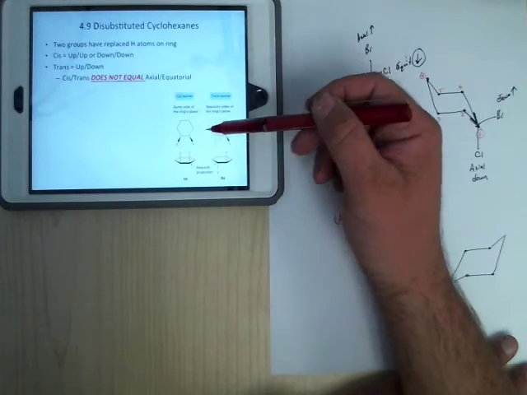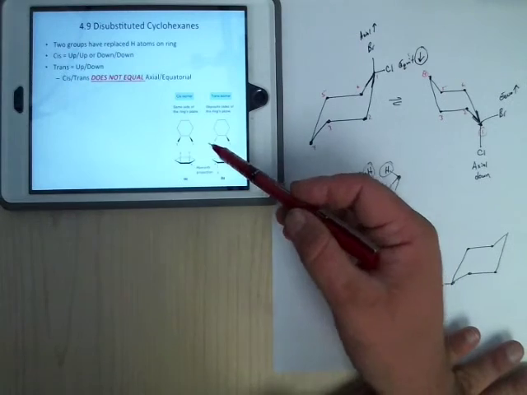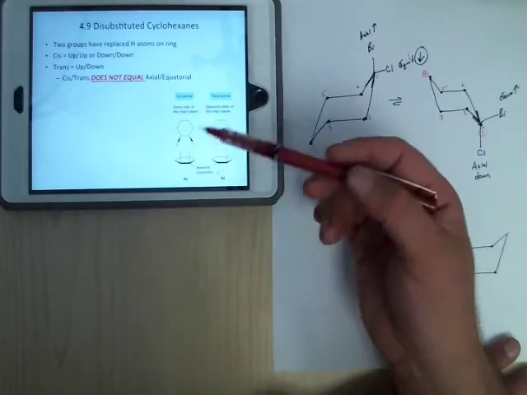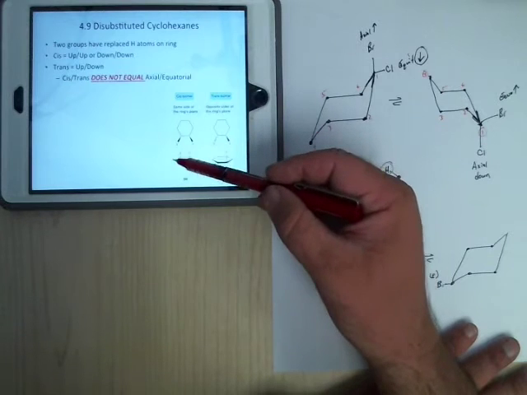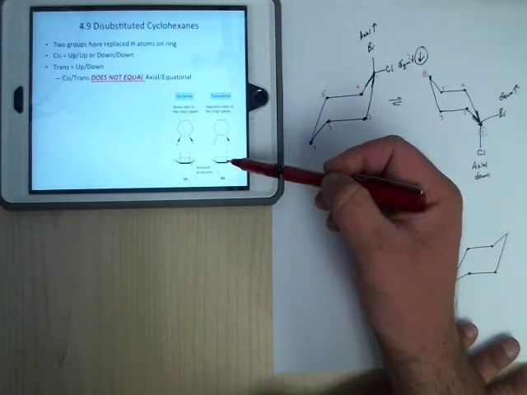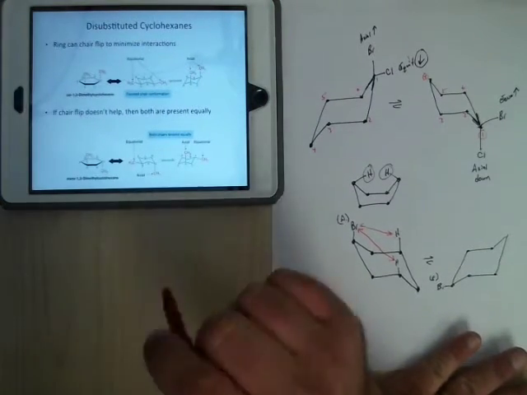Both up is cis, both down is cis, and one up and one down is trans. Sometimes you do what's called a Haworth projection, where everything's kind of flat. Remember, it's not, but this is an easy way to see it. So here they're up, up, and one's down versus up.